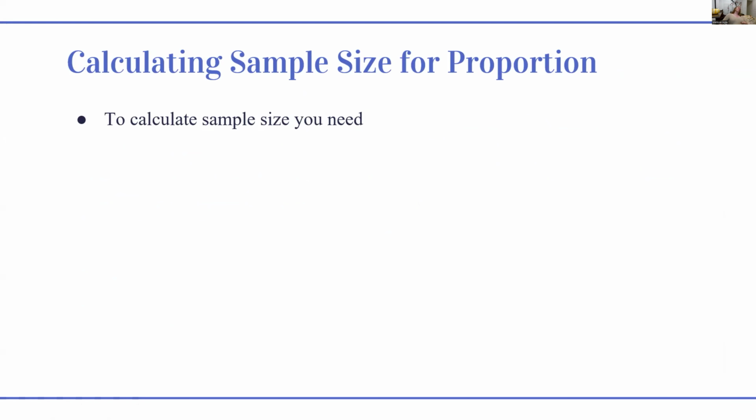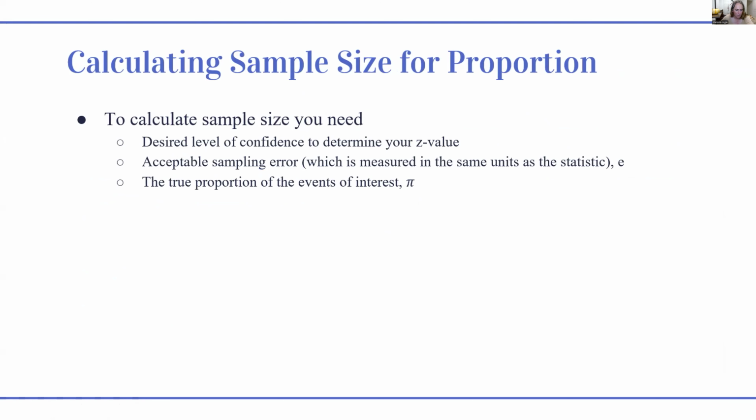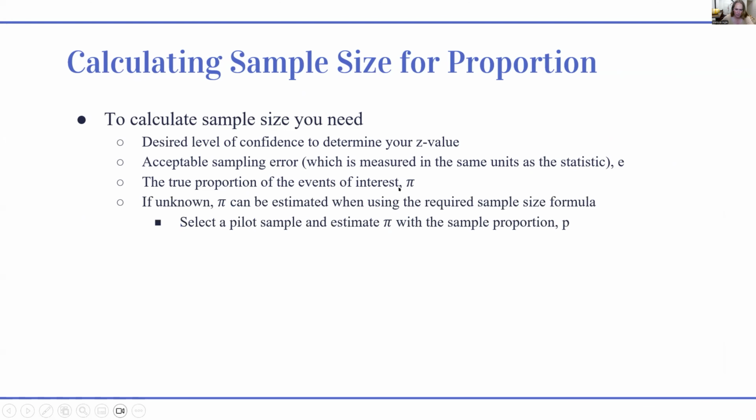And then let's talk about the sample size for a proportion. So you need the level of confidence and the sampling error. Again, I want to get this to within 2 percentage points. And the proportion of the events of interest, which is pi, right?